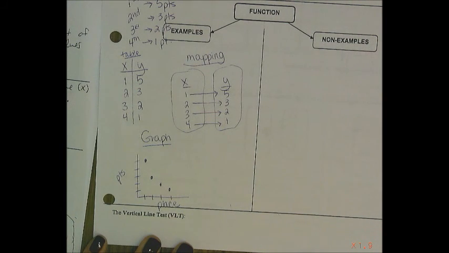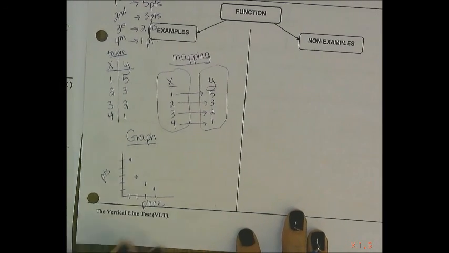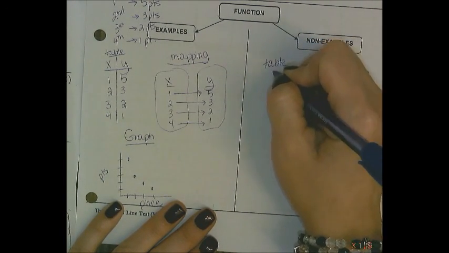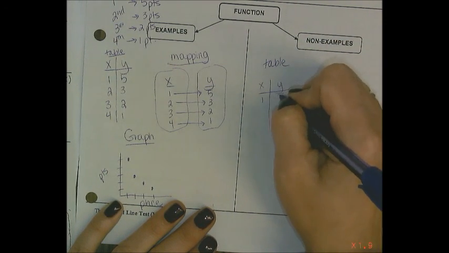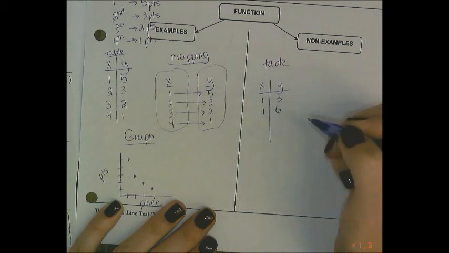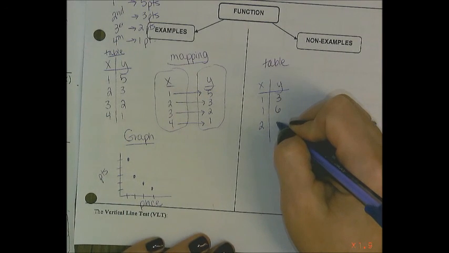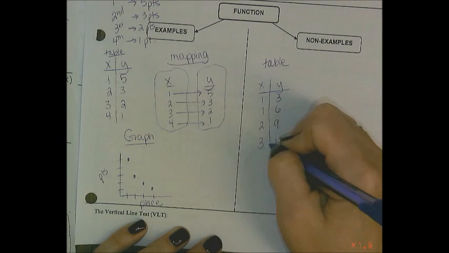Now, let's think of a non-example, and we can use our track meet example, sort of. What if you were at some crazy track meet, and this could never happen, but what if first place got 3 points and first place got 6 points? Doesn't make any sense, really. And let's say second place got, I don't know, 9 points, and third place got 12 points.